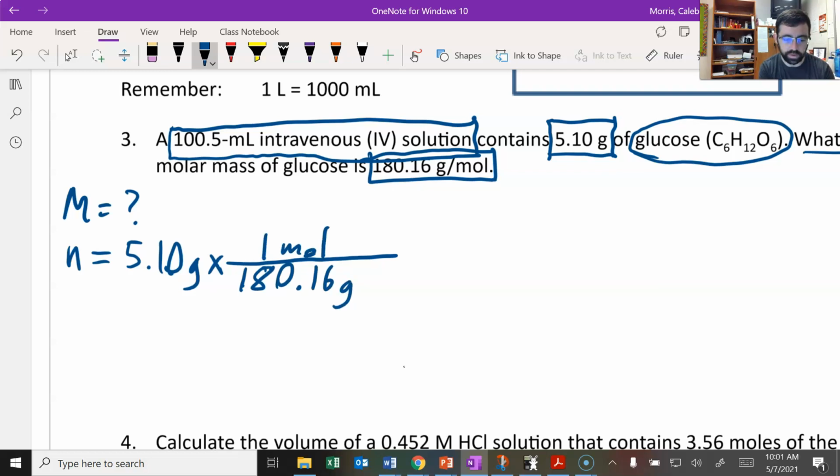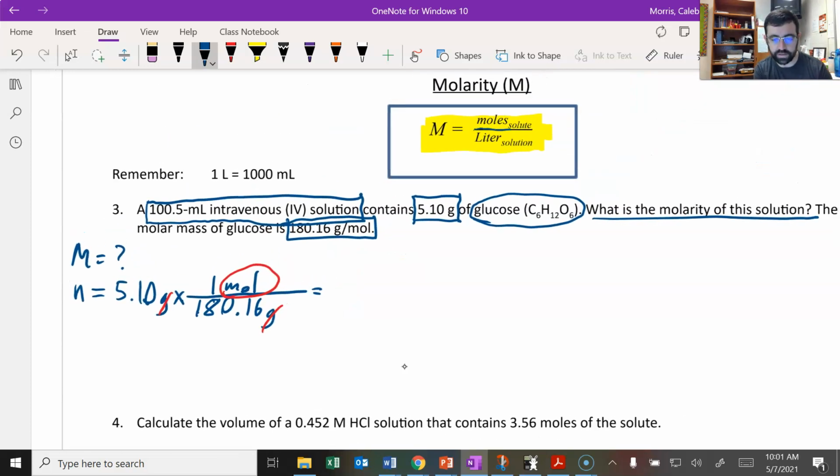I want to convert it to moles. Again, our grams cancel out and I'm left with moles, which is what I need in order to use this equation where I have moles of solute divided by liters of solution.